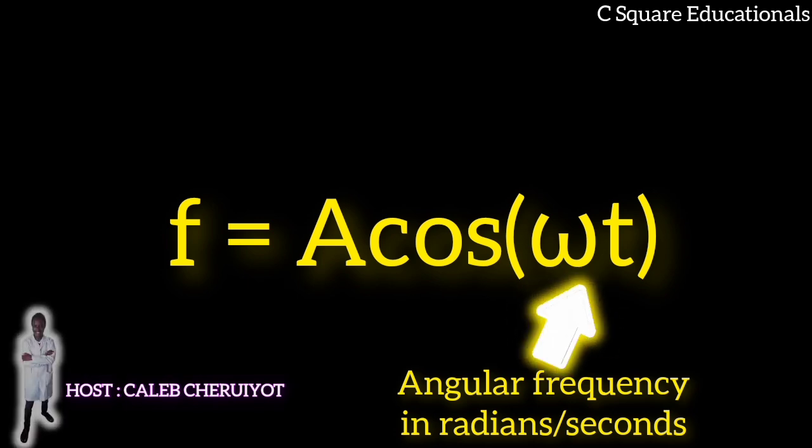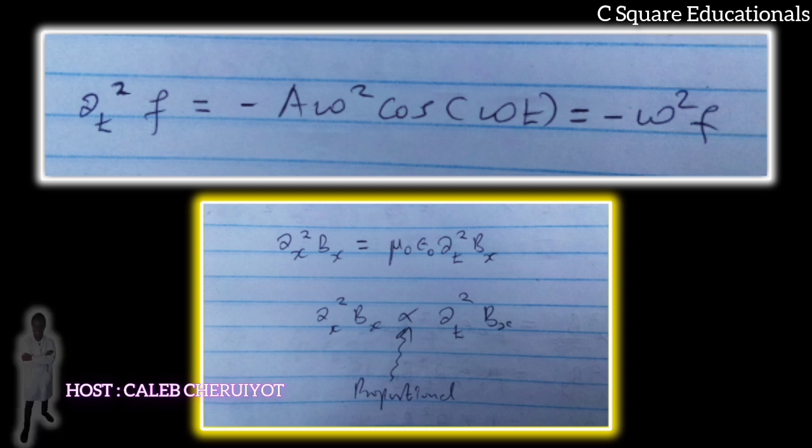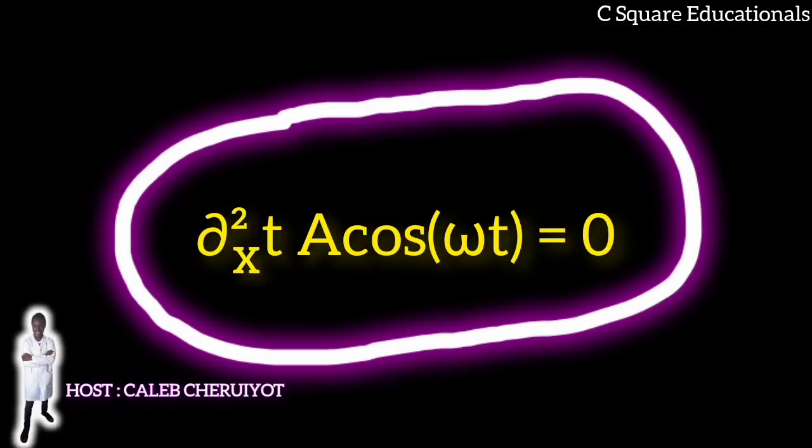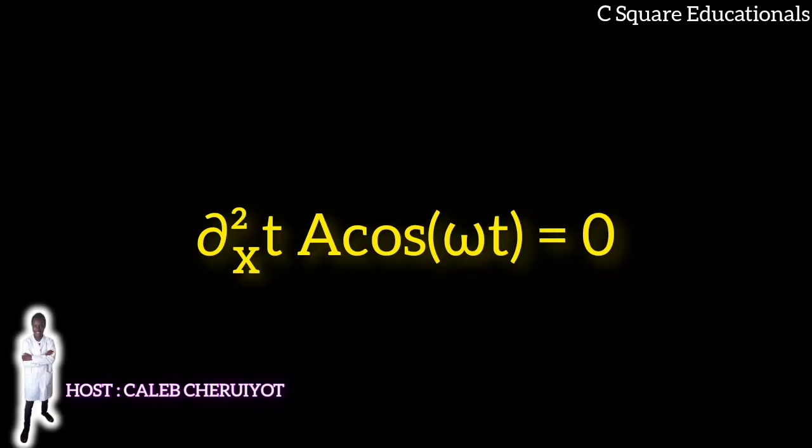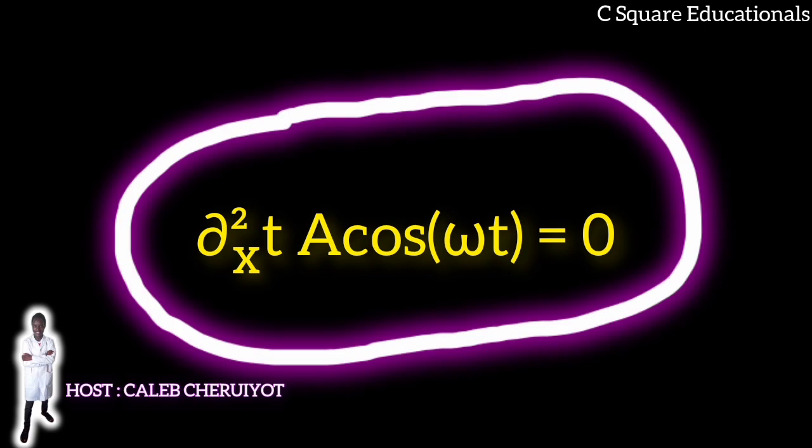So if we have partial x squared Bx to be as shown, and if both partial x squared Bx and partial t squared Bx are proportional to Bx, then we are on the right track. We know that partial x squared of A cos omega t is equivalent to 0. So we need to add some spatial dependence, some x, so to speak.